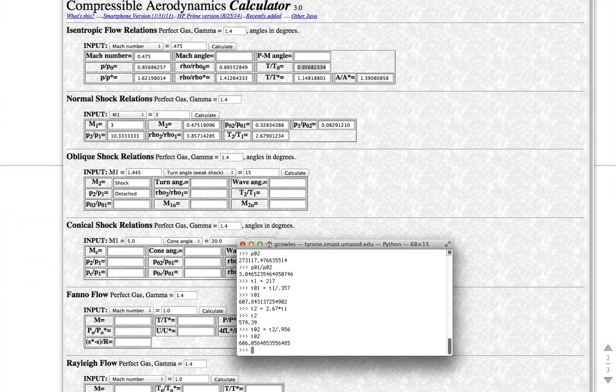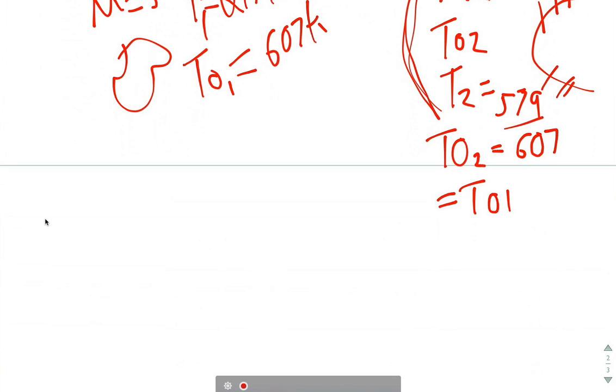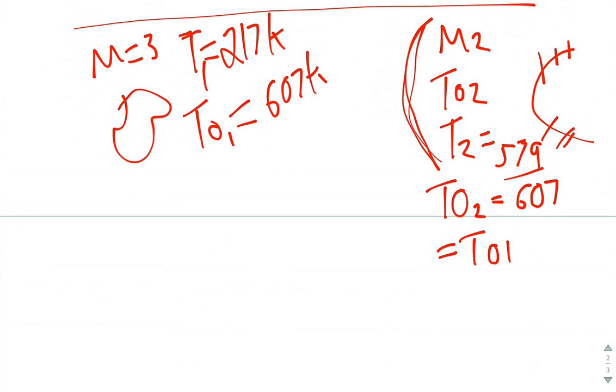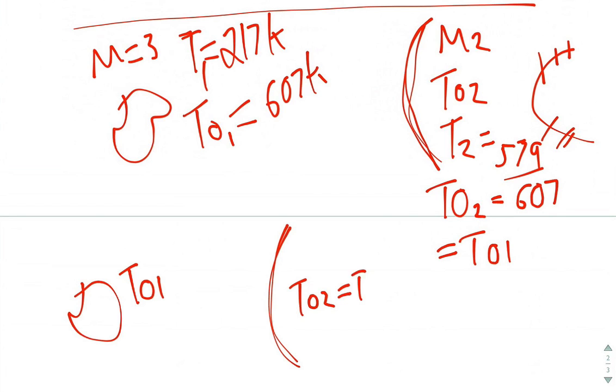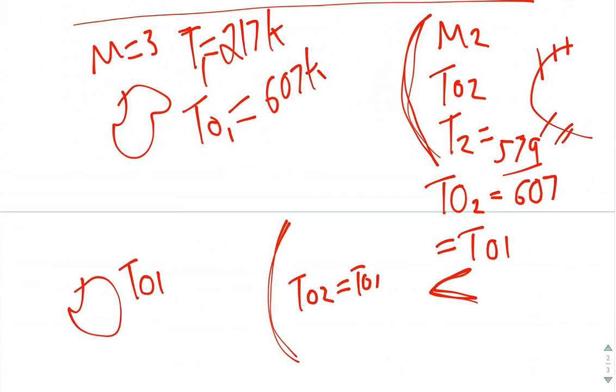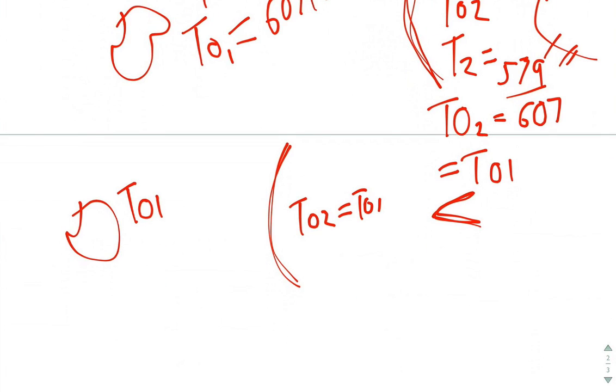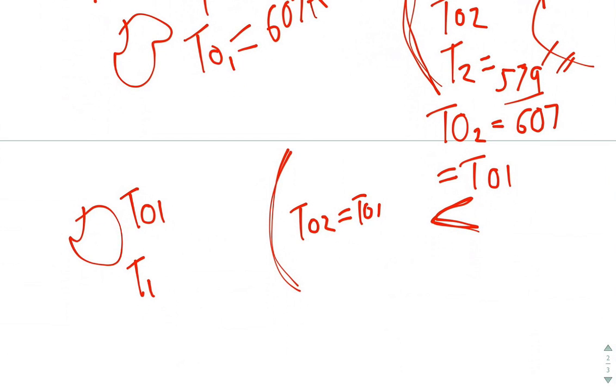The stagnation temperature did not change. So the parcel started, it had T01, passed through the shock, and it had T02 equal to T01. And then it impinges onto our flow solution here. So at this point, the temperature of that parcel is T1, which is 217 Kelvin.